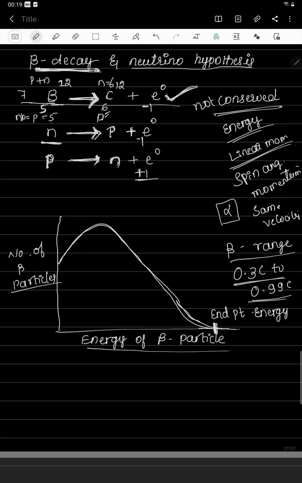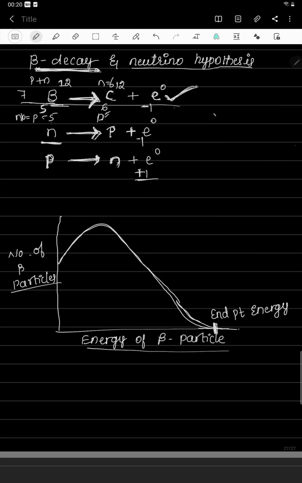Now come to the reaction where boron gets converted into carbon with the emission of this beta particle. This electron is called the beta particle. Now see, in any nuclear reaction, the mass of the reactant will not be equal to the mass of the product.